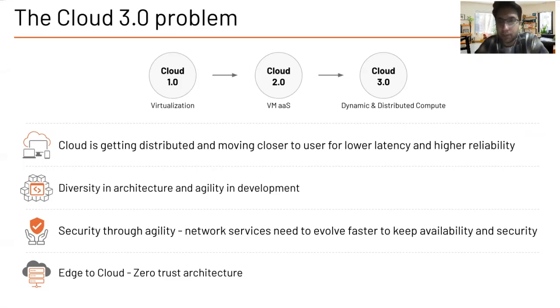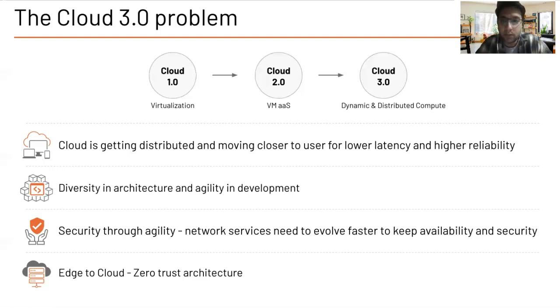But really where we are going towards is Cloud 3.0, which is a more dynamic and distributed compute. Dynamic in the sense of containers and auto scaling and scheduling through orchestrators like Kubernetes, and distributed in the sense of different regions, private, public cloud, hybrid, and so on, as well as distributed in the sense of application components being distributed.